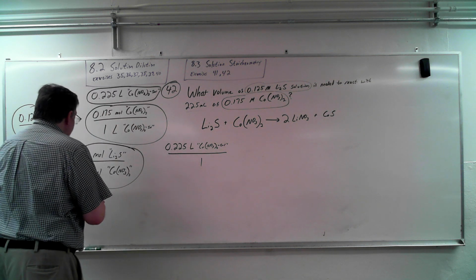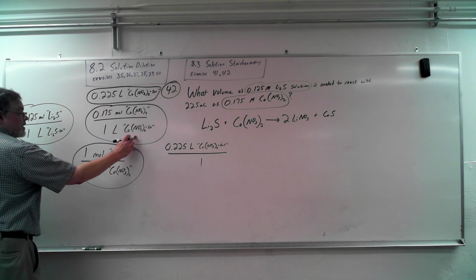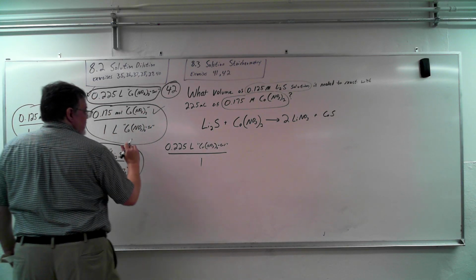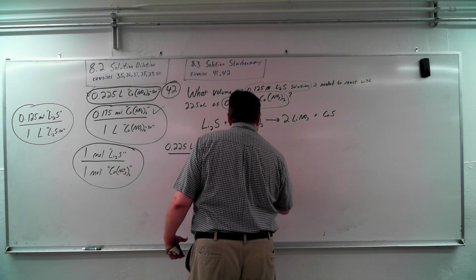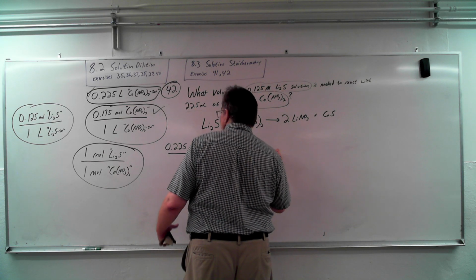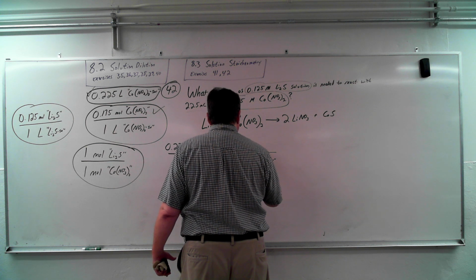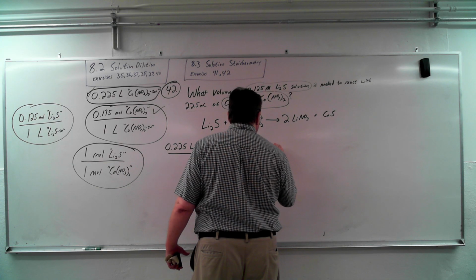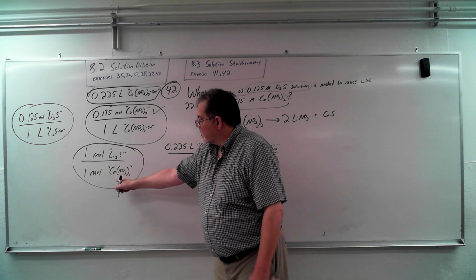All right, now I'll get to this. Liters of cobalt nitrate solution, so this is next. I used this already. So 1 liter to 0.175 moles of cobalt nitrate.